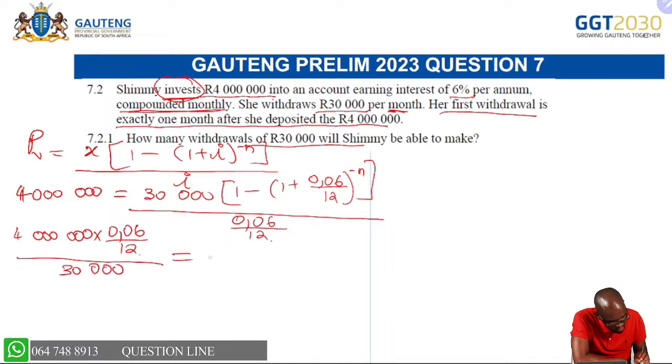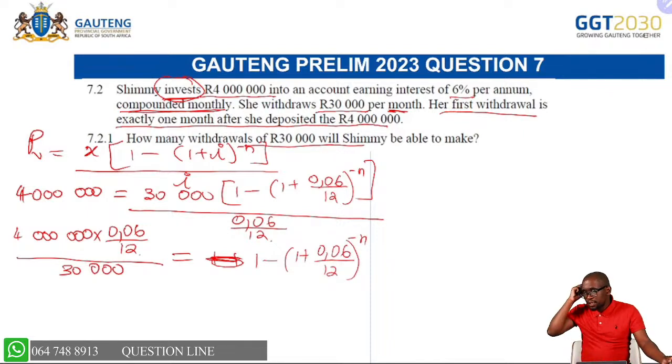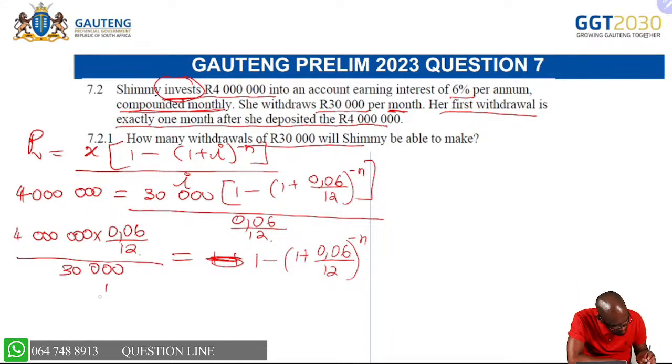This would be equal to 1 minus (1 plus 0.06 divided by 12) raised to negative n. So what we can do here, we can simplify. If we simplify that further, we can get that this is a third.